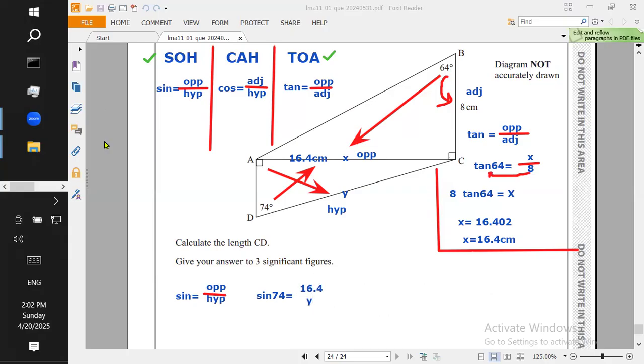Now, when you look at the fraction that we have here, as we said before, when you rearrange, you can only move the denominator. This is the denominator, which is the y. I'm going to take it to the other side because it's divided. I'm going to make it multiplied. So I will end up with y multiplied by sine 74, like this, and then equal 16.4.